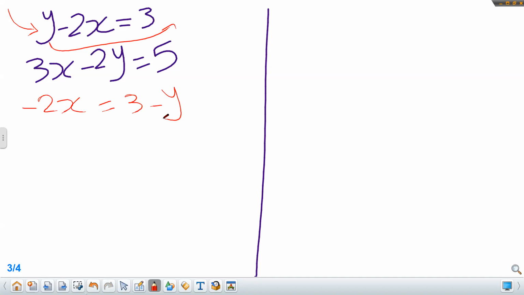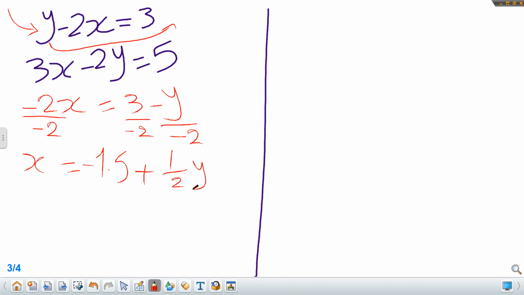Then divide by negative 2 for each term. Then x equals negative 1.5 plus 1 over 2 y, half y.